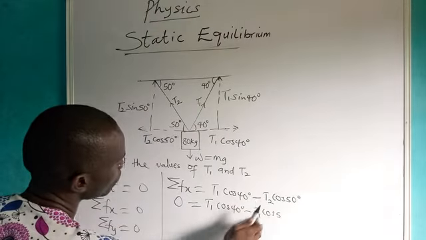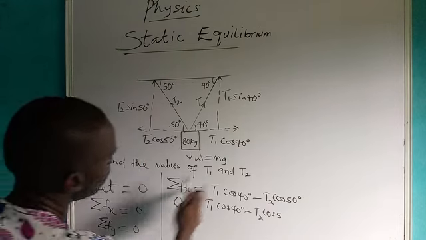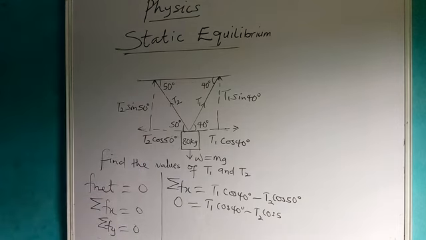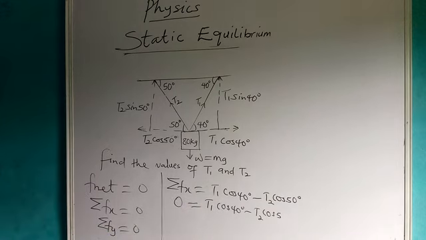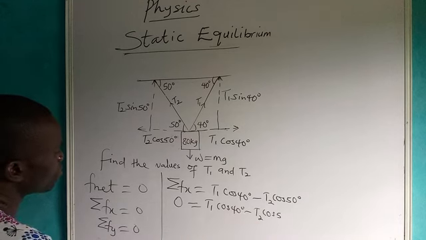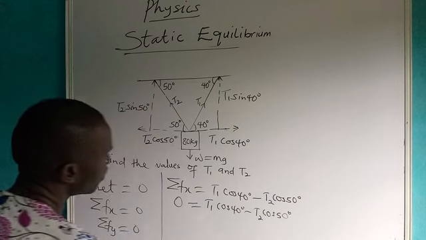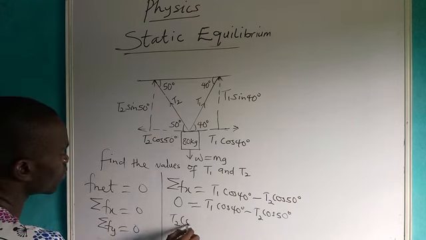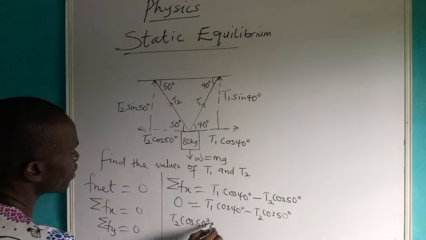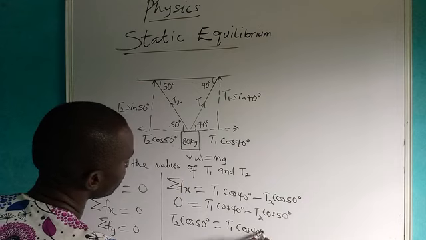Now we can move on and make one of them the subject. Let me carry T2 cos 50 degrees over, so T2 cos 50 degrees equals T1 cos 40 degrees.